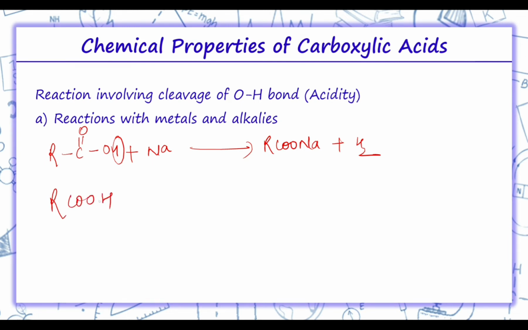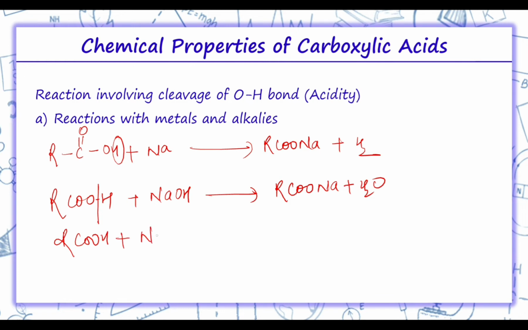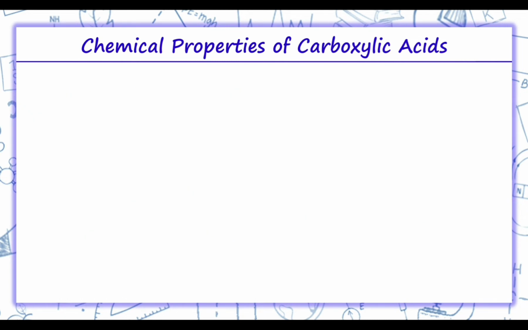Similarly, RCOOH, this bond will be broken. If it reacts with alkali, that is NaOH, it forms RCOONa plus H2O. RCOOH plus Na2CO3 gives RCOONa plus H2O plus CO2. So these are the reactions which involve cleavage of the OH bond.